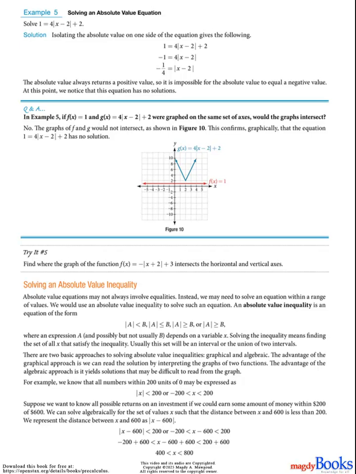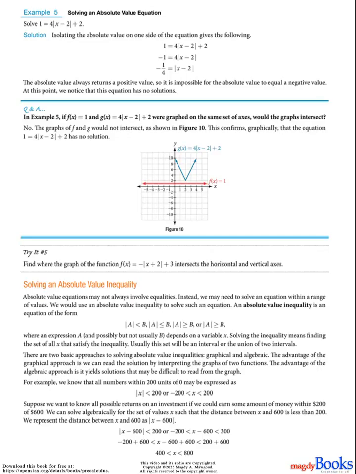Suppose we want to know all possible returns on an investment if we could earn some amount of money within $200 of $600. We can solve algebraically for the set of values x such that the distance between x and 600 is less than 200. We represent the distance between x and 600 as the absolute value of x minus 600.